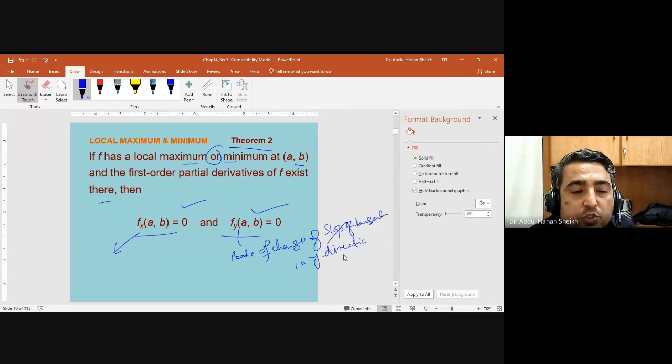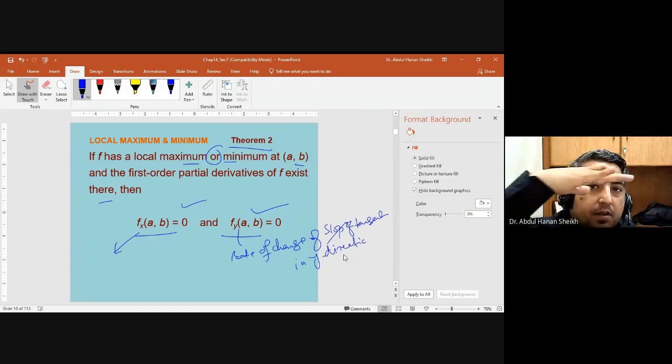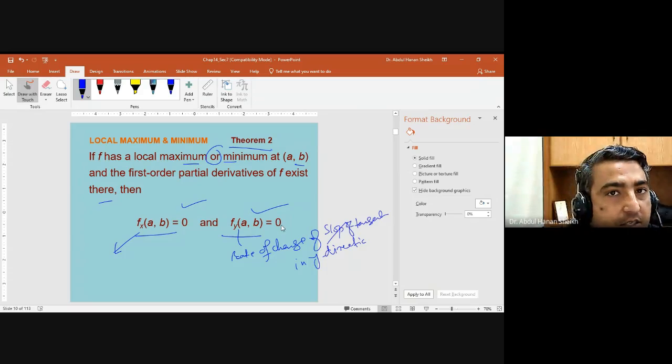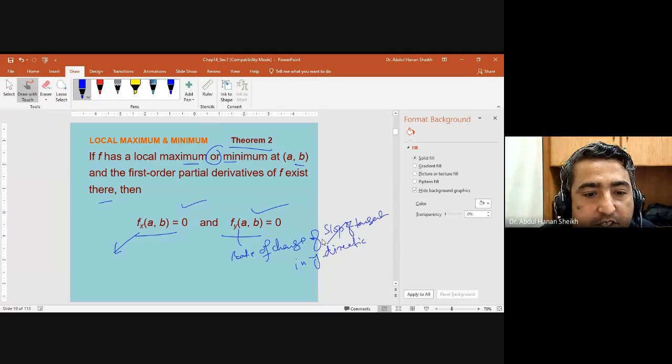So when there is no change in the y direction, it means that point is a critical point, a maximum. The function is not changing in the y direction, so that change is 0 over there.